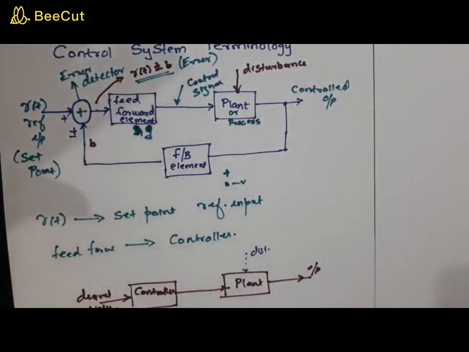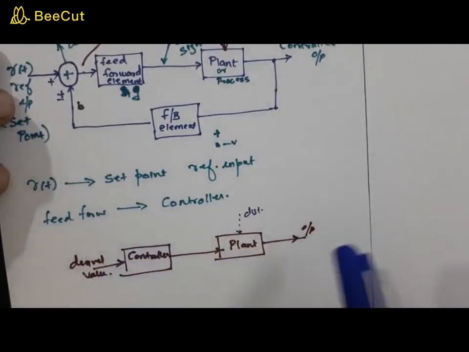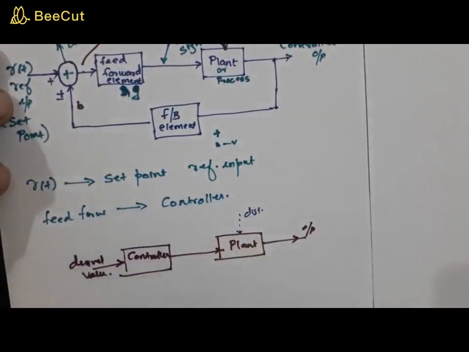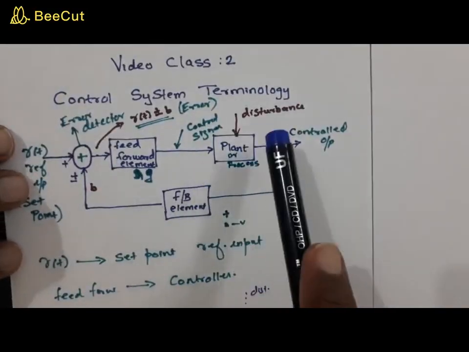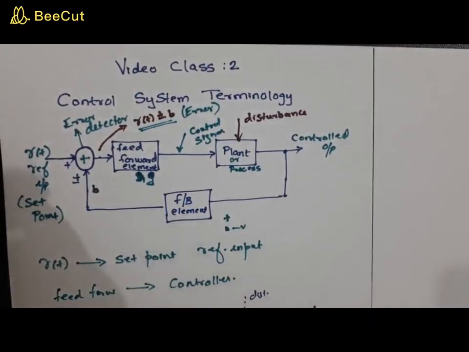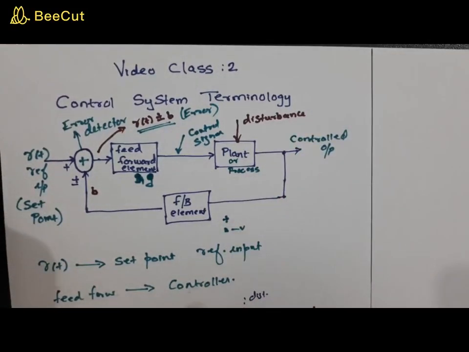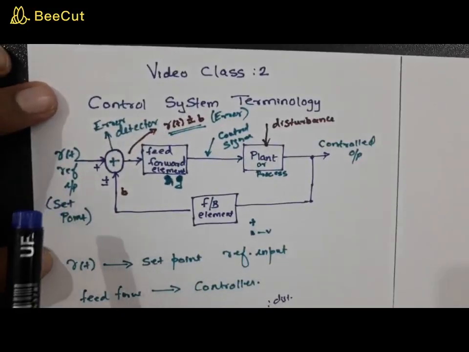But in the last video I mentioned some of the advantages of an open loop system, and the major advantage is it is never going to be an unstable system. But because of the presence of feedback, we have studied especially that positive feedback can make the system oscillate. For a control system, it is important that the system maintains a controlled output at the set point.